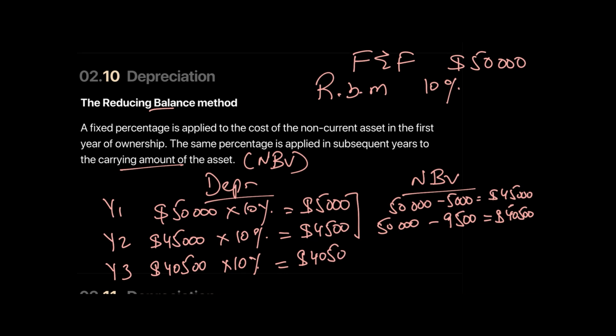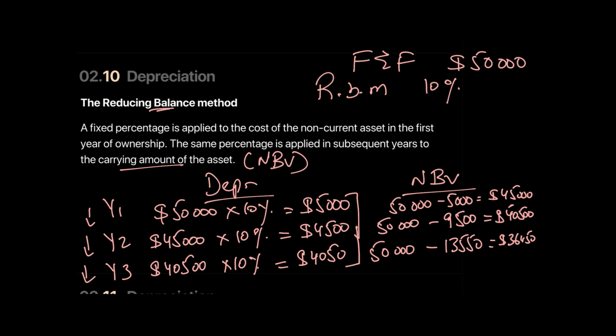All right, so again you can calculate your net book value as 50,000 minus the accumulated depreciation for these 3 years, and you should arrive at 36,450. All right, so what you can see is that in the reducing balance method, your depreciation is reducing every year, and that's the basic principle over here, that the depreciation should be highest in the earlier years and it should reduce over time. And it's particularly suitable for assets such as motor vehicles, as mentioned earlier.